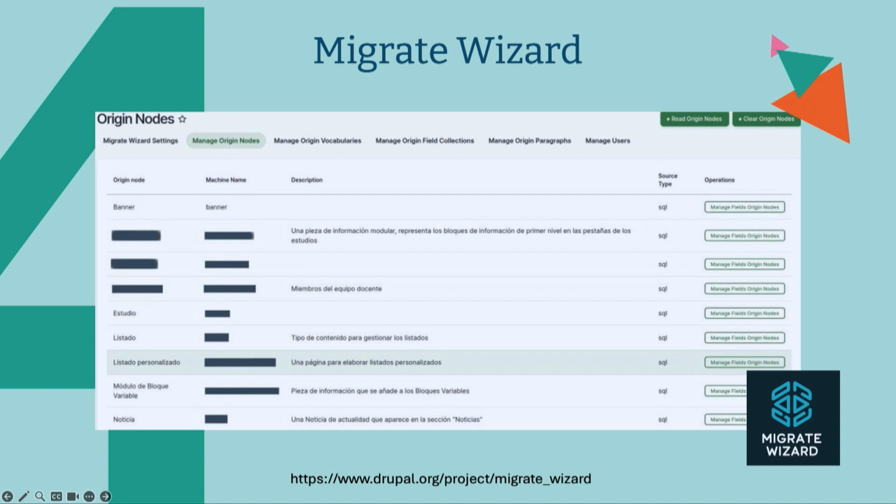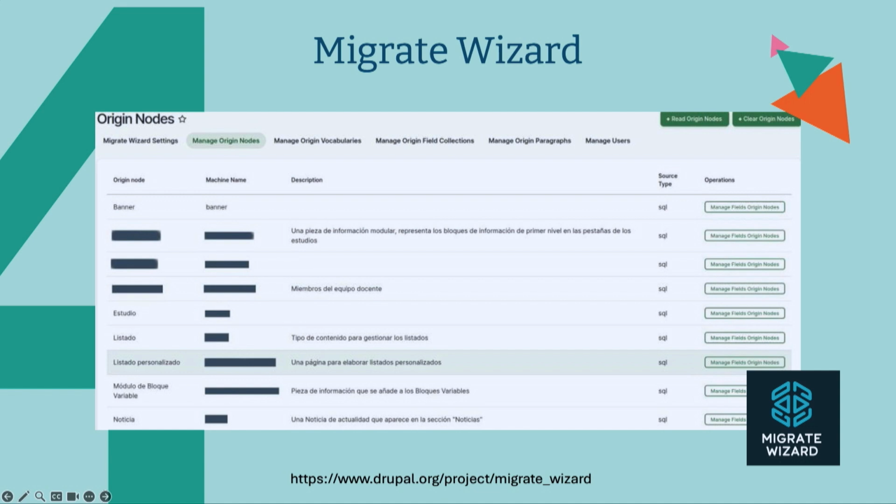We don't need to create the migration YAML files by hand. We can do it from here. Once we have mapped all fields, we can generate all the YAML files, and we can send them to migrate, and the migration starts automatically.